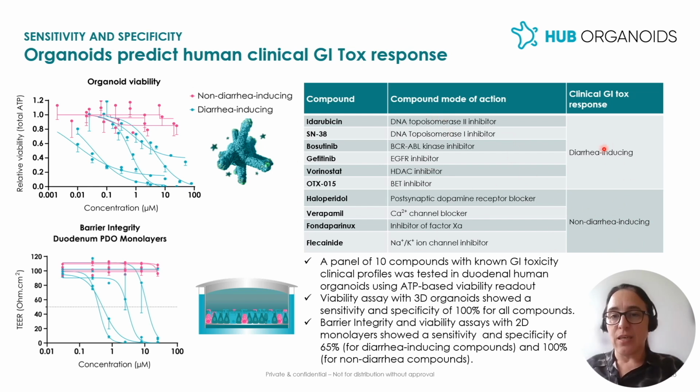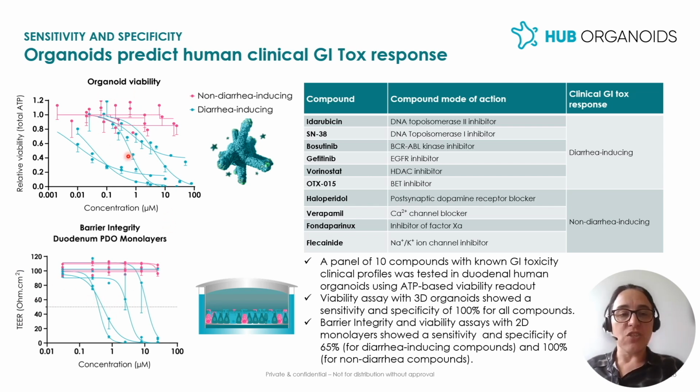So this is human, in vivo patient data, for which we have performed screens with organoids, either as 3D structures with viability as a readout of the toxicity of the compound, or set up as monolayers with measurement of TEER and barrier integrity as the readout of the impact of these compounds.